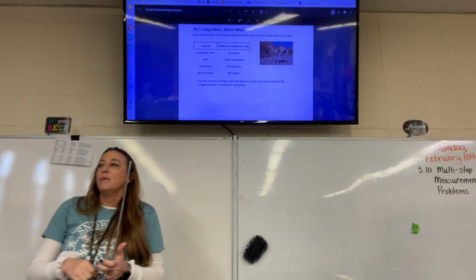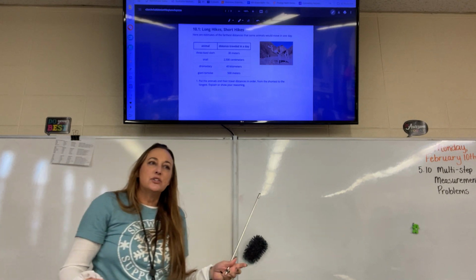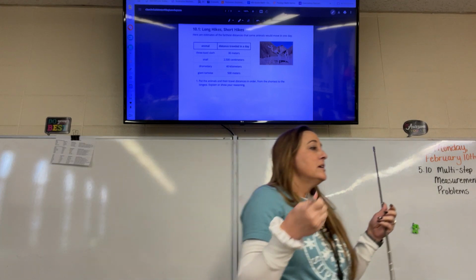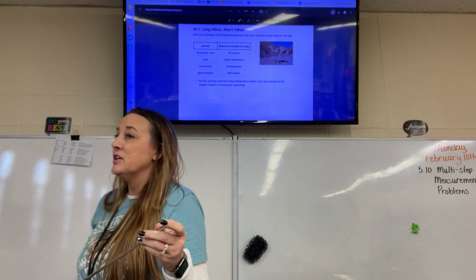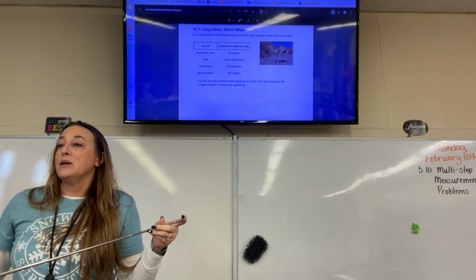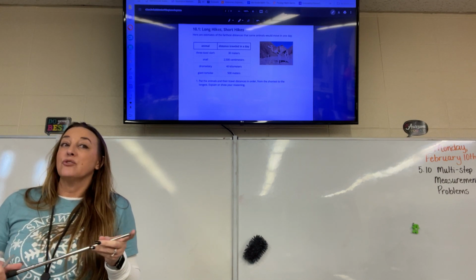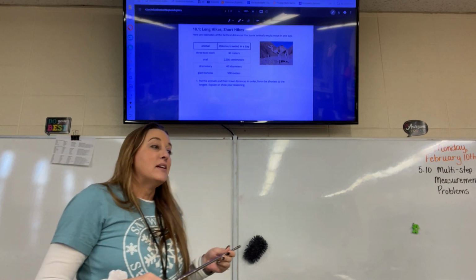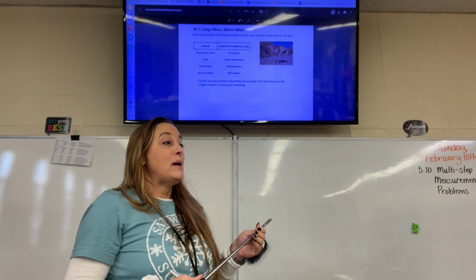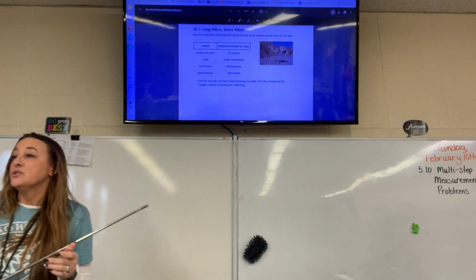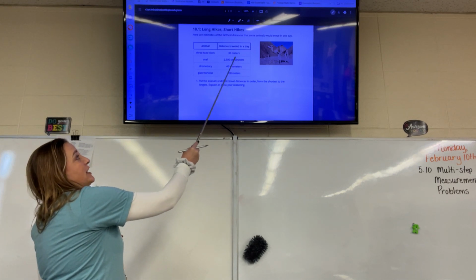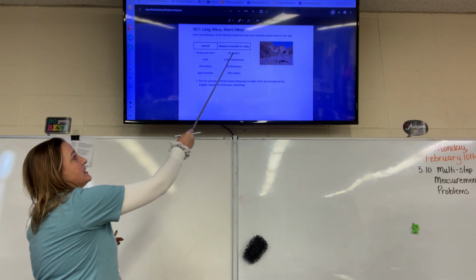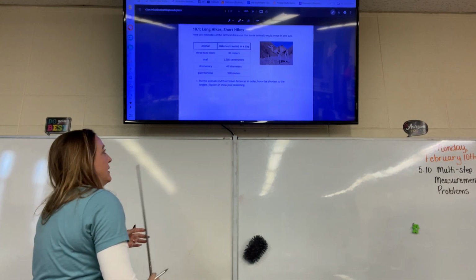So right now we've got 1 in centimeters, 2 in meters, and then 1 in kilometers. In order to put them in order from least to greatest, we've got to have them all in the same unit of measure. So we're going to turn these into meters. That way we've only got to change 2 of them, because this one's in meters and this one's in meters.